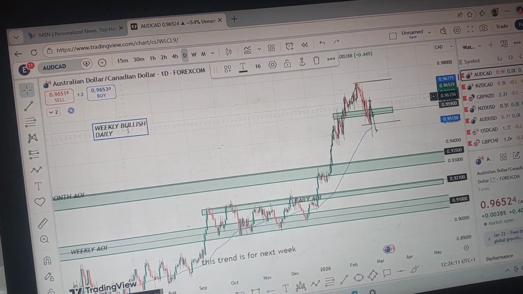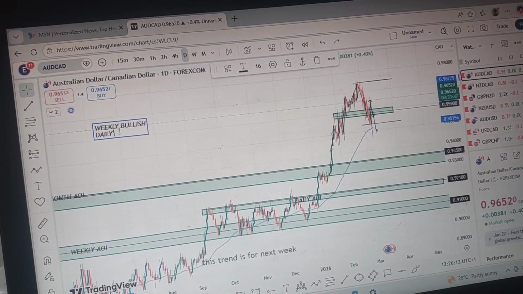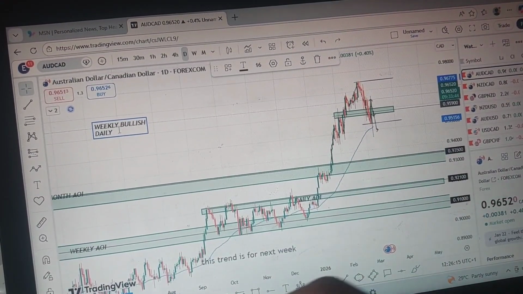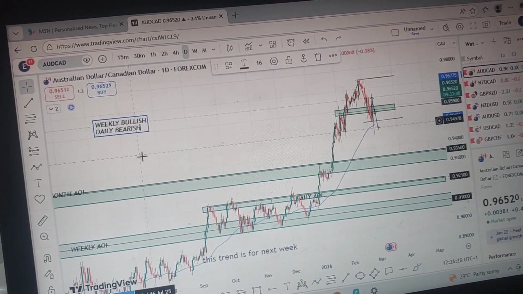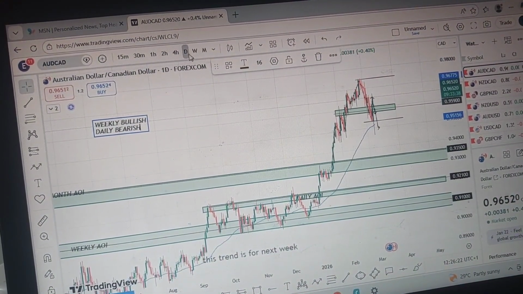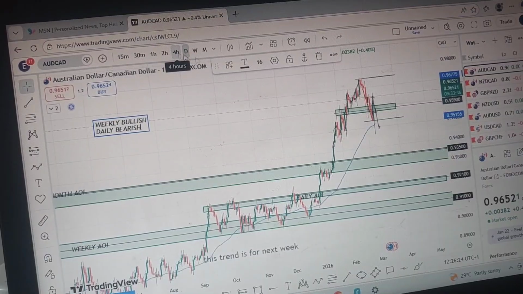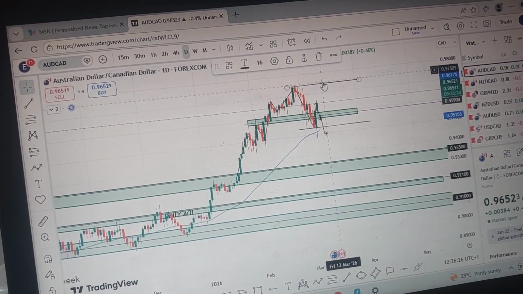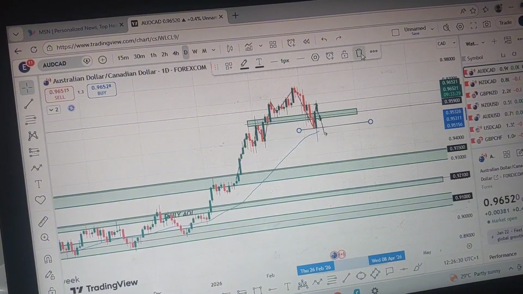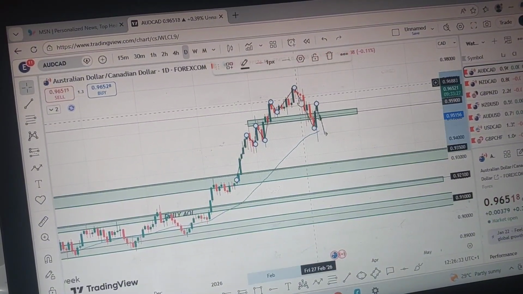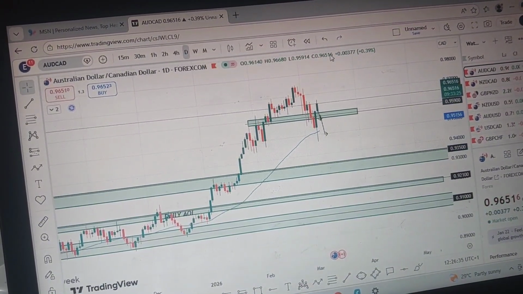So go down to the 4 hours time frame. We can see daily bearish. Let me clean this. I hope you guys know this market: lower high, lower low.